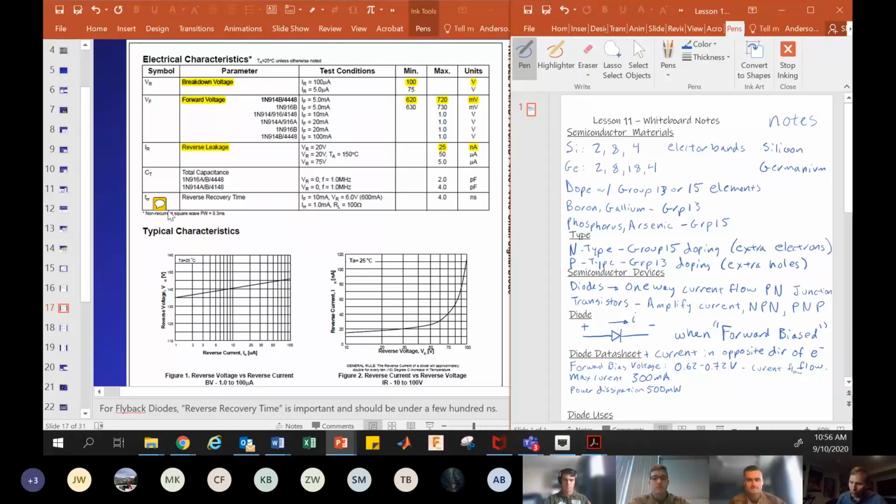Okay, reverse recovery time is something that can be really important if you've got alternating currents, because when you switch from positive to negative, the ability of a diode to block current flow is reduced. So there's a split second where when you flip, some current gets through. And I have a theory.